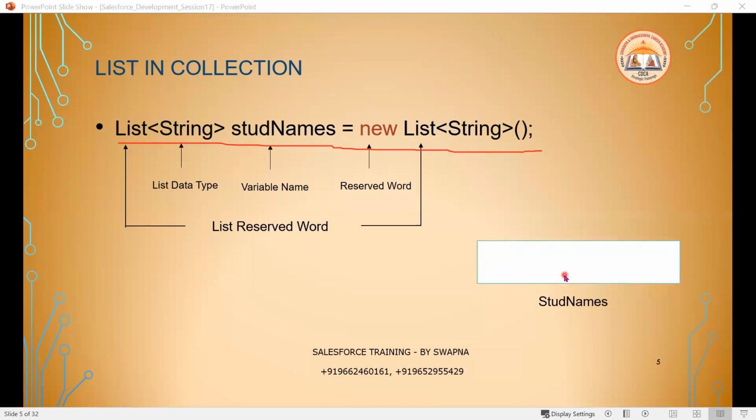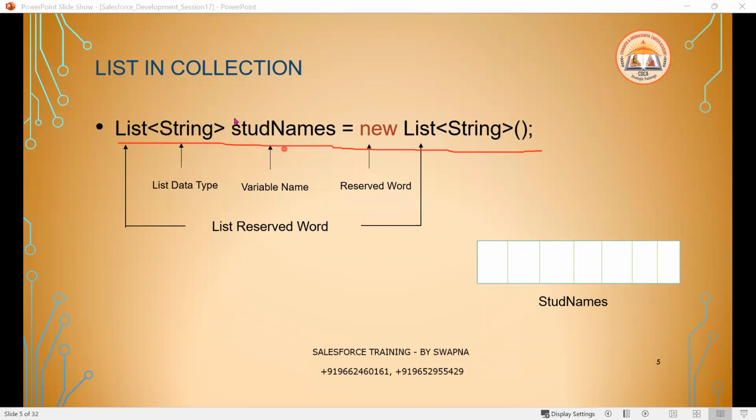But how is it going to store in this container? First, it will divide based on how many values we are adding here. Some space will be allocated for the student names, and that space will be divided based on how many names I'm adding.